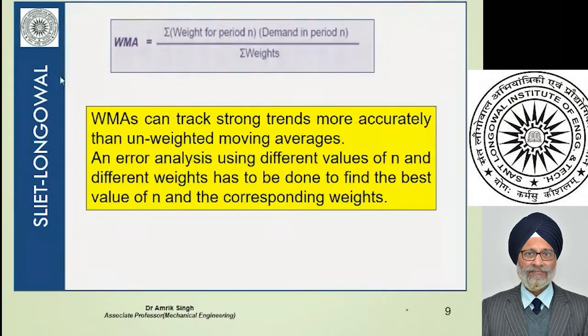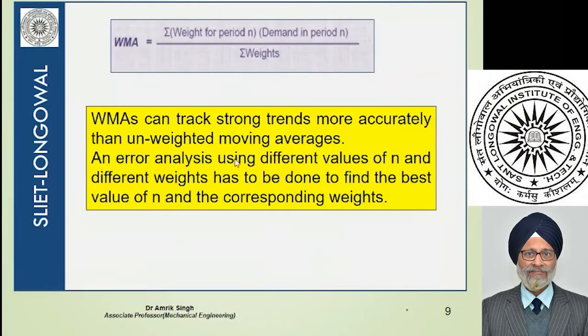Now the formula: weighted moving average is sigma, that is summation, of the weight of the n period into the demand for the previous n period, divided by the total weight. This method can track strong trends more accurately than the unweighted moving average, so it is a better method.